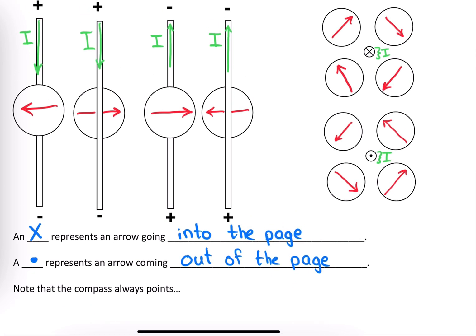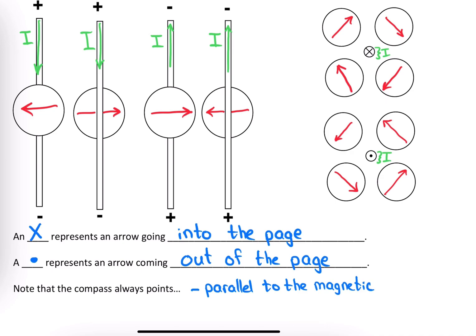So now we can look back at all of these compasses we drew and all of the currents. And there's something important we can note. The compass always points parallel to the magnetic field. And more than that, it points in the direction of the magnetic field.